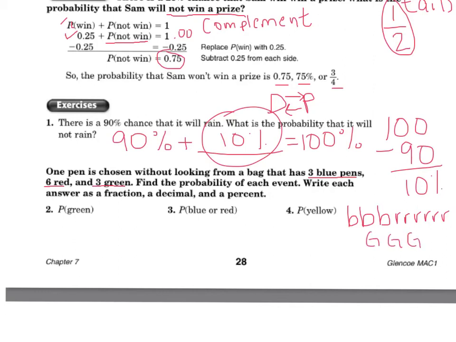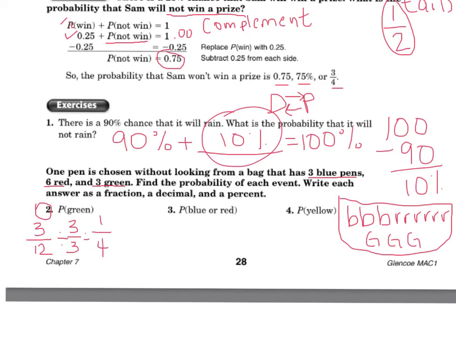How many is that all together? That's 12 pins. So let's find the probability of getting a green. What fraction of these pins is green? 3 out of 12. They have a common factor of 3, so that is 1/4.